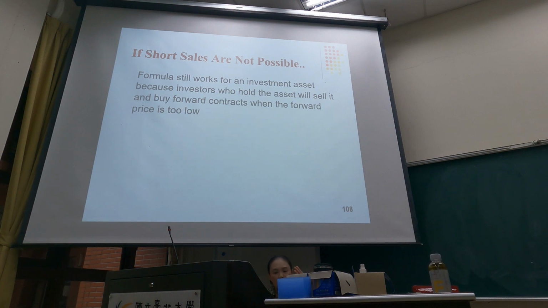Because for trading of futures and forwards, you can always stand in either the short or long position.